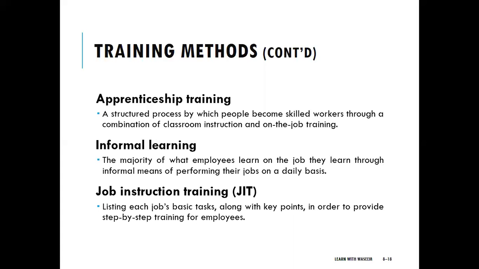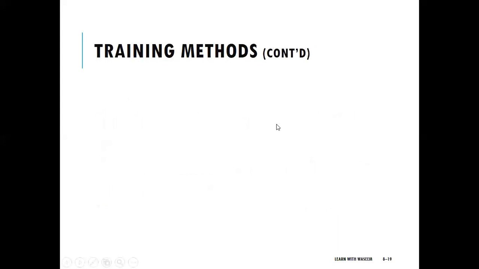Then list a corresponding key point beside each step. The steps in such a job instruction training sheet show trainees what to do, and the key points show how it is to be done and why. Okay, so this is the job instruction training method.